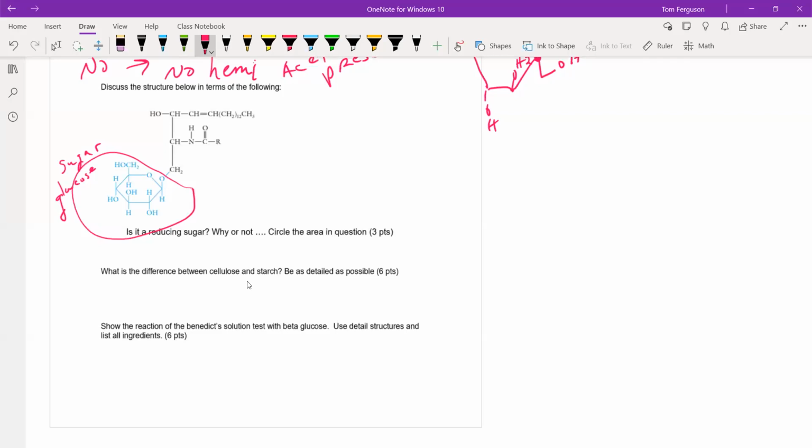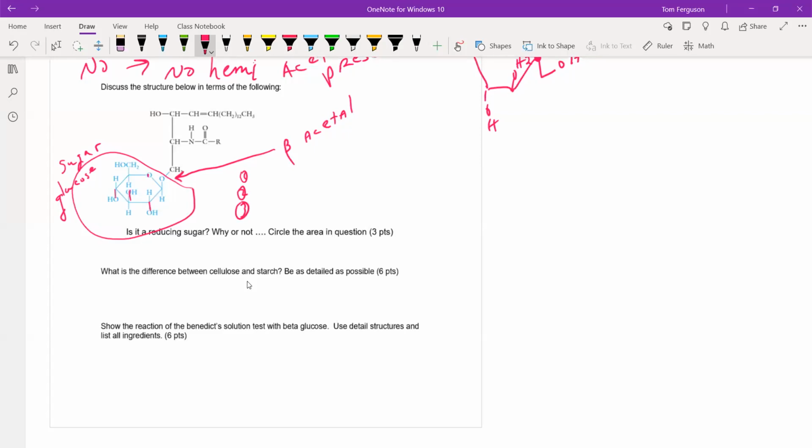Judging by the directions of the OH groups, OH goes down, up, down. And then in this case, we're going to have a beta acetal.